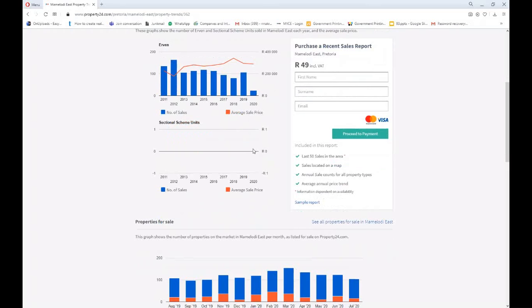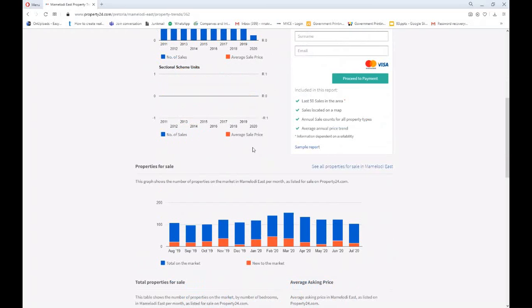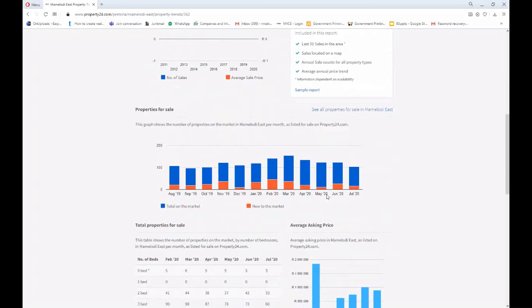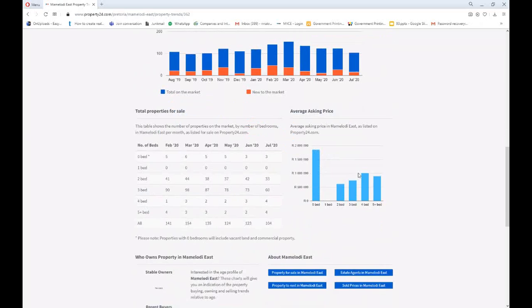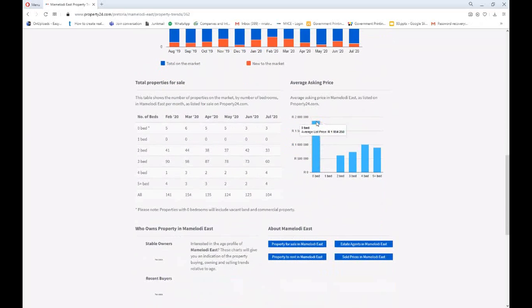The properties that are currently in the market, it is this column, and there the red is the new, it's 15 in the market, 104 is total in the market. Then your average selling price for everything is 1.8 million. The 2 bedrooms, it's 620, and the 3 bedrooms goes for 739.